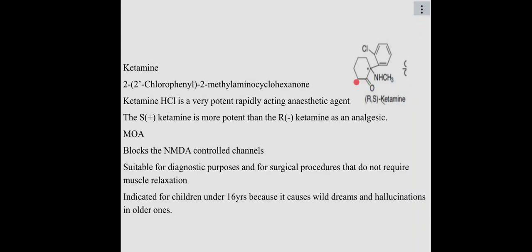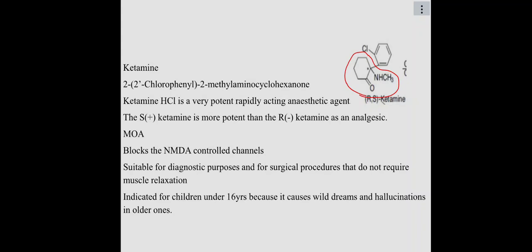So if you look at our main ring, it is the cyclohexanone. But the cyclohexanone at position 2 has the methyl amino. And that methyl amino cyclohexanone has now that substituent. So that's how we are getting that name. We are considering this is our parent ring, and of course that is the substituent.